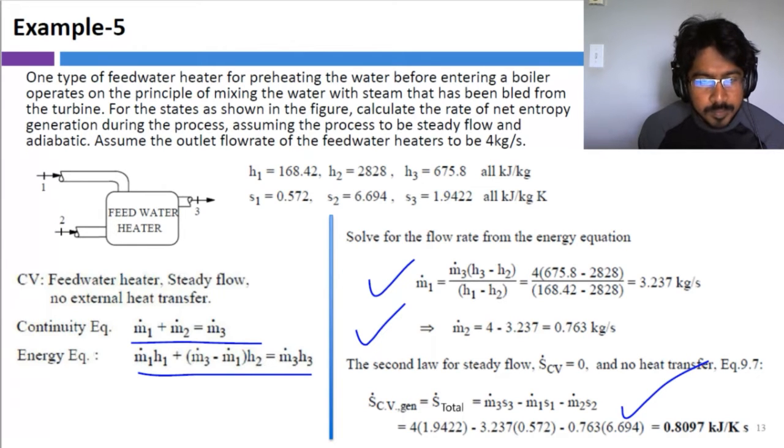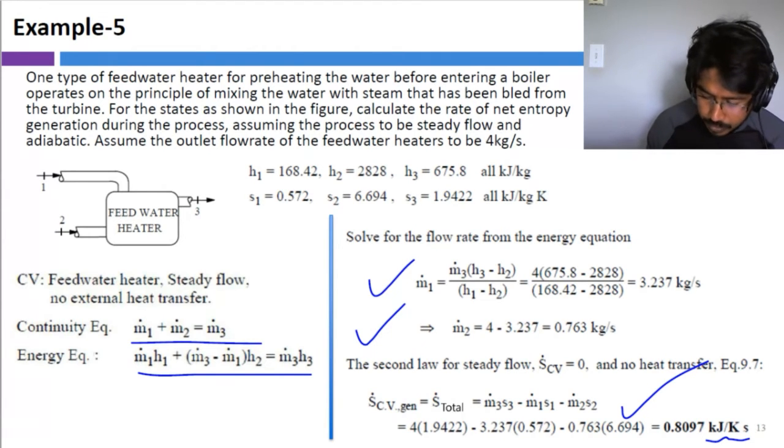Okay, so units are very important. If it was specific entropy, then it's going to be kilojoules per Kelvin per kilogram, and for rate of entropy, it would have been kilojoules per Kelvin per second.